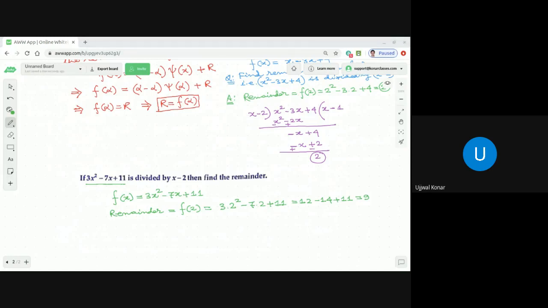What I'll suggest you, Bhumika, once we are done with the zeros of a polynomial, that means once we find the remainder, then only we'll be able to go for the factorization. So I want you to make a little bit of practice, and then again we can have a class, if it is possible for you, around 6:30.